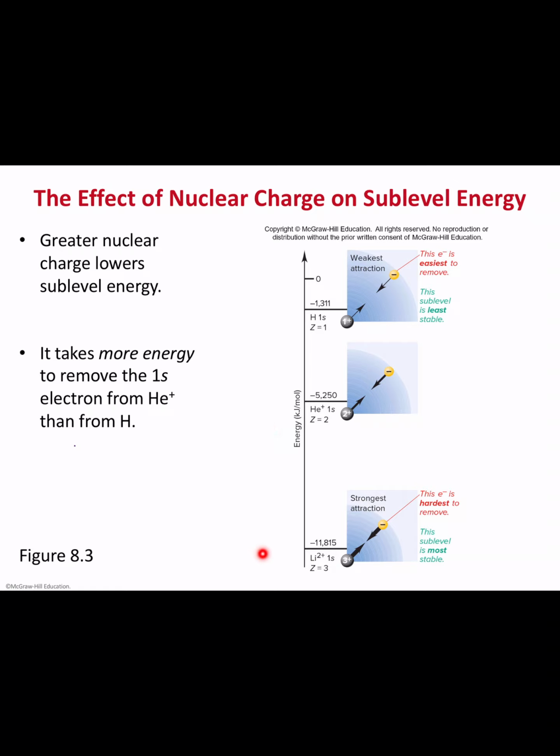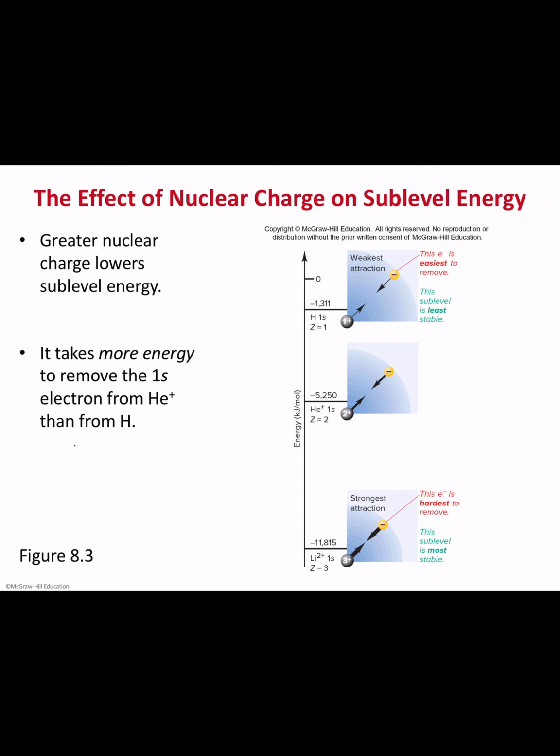If you look at lithium 2 plus, to remove that one electron we need to give 11,815 kilojoules of energy. As the nuclear charge increases, going from +1, +2 to +3, it's getting harder for that one electron to be lost. So the least energy is needed to remove the electron from hydrogen.